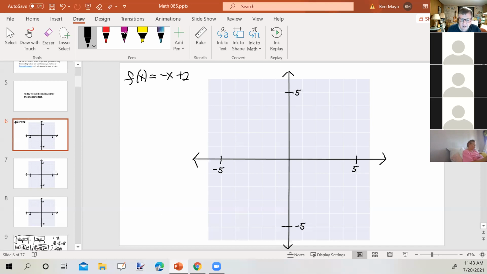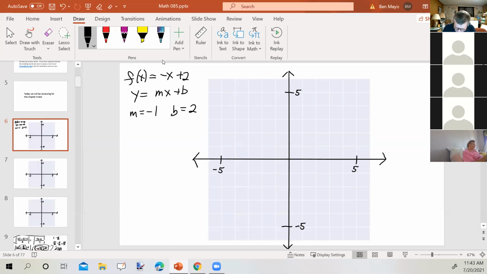Oh, okay. Tell you what, I'll do it both ways. So if I use slope-intercept form, this is like y equals mx plus b. The slope is the coefficient of x, which is -1, and b is the y-intercept, which is 2, okay?